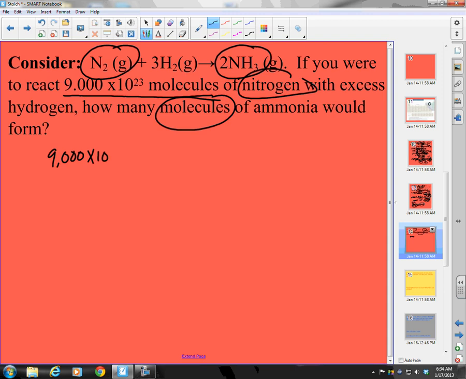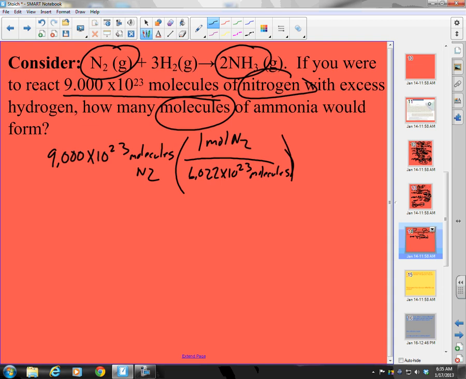9.000 times 10 to the 23rd, and these are molecules of N2 times what? 1 mole of N2 per what? 6.022 times 10 to the 23rd molecules. Got it.